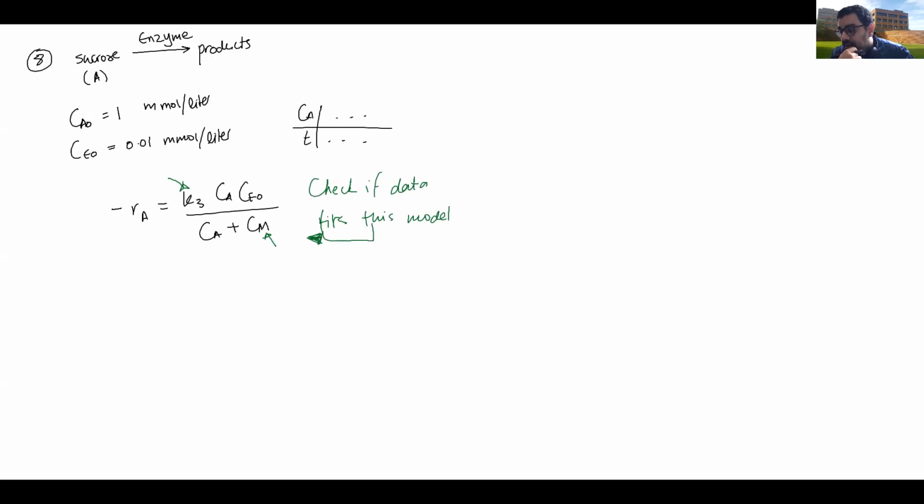So let's see what we can do, right? Because we're using an integral method, let's rewrite this properly: K3 CA CE naught divided by CA plus CM.